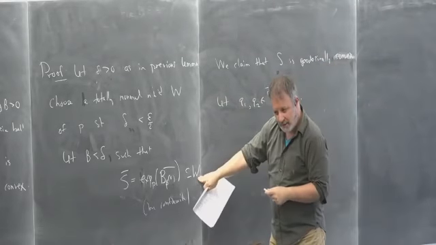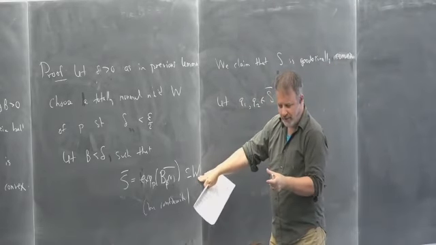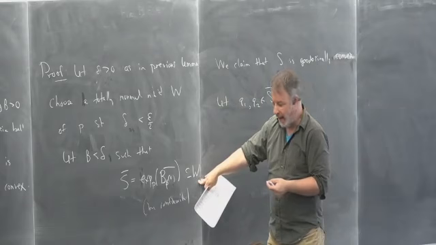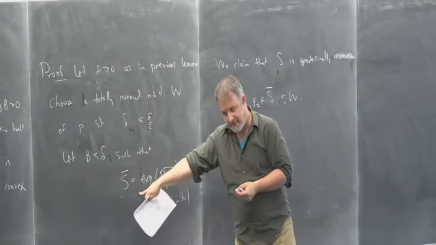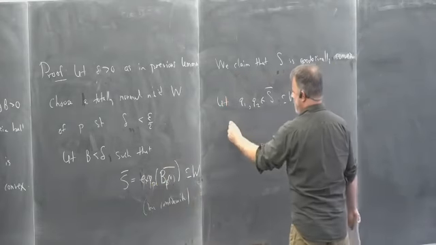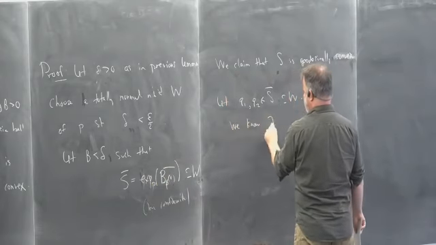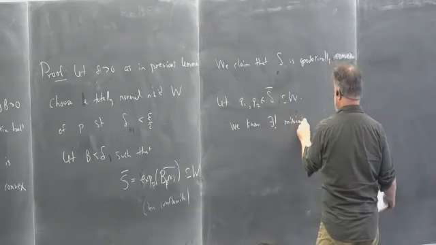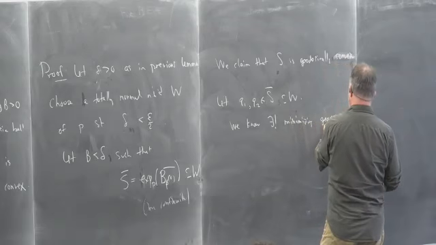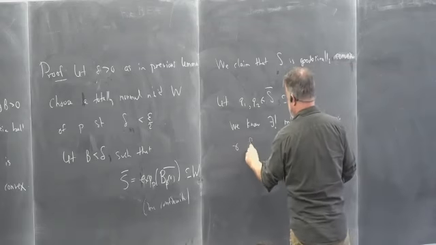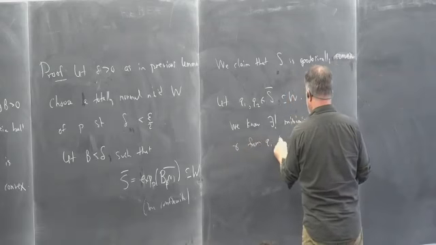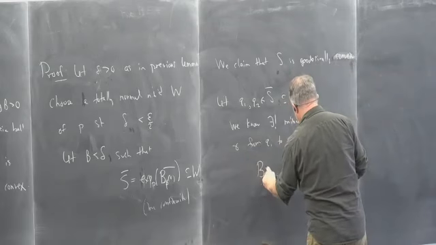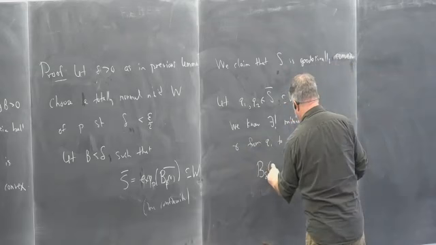Since this is a totally normal neighborhood, we know that for any 2 points in the totally normal neighborhood, there will exist a unique minimizing geodesic joining them. We just don't know that it lies in W. Right now, we want to show not only does it lie in W, the interior of it even lies in S. So we know there exists a unique minimizing geodesic gamma from Q1 to Q2 lying in the geodesic ball of radius delta centered at Q1.